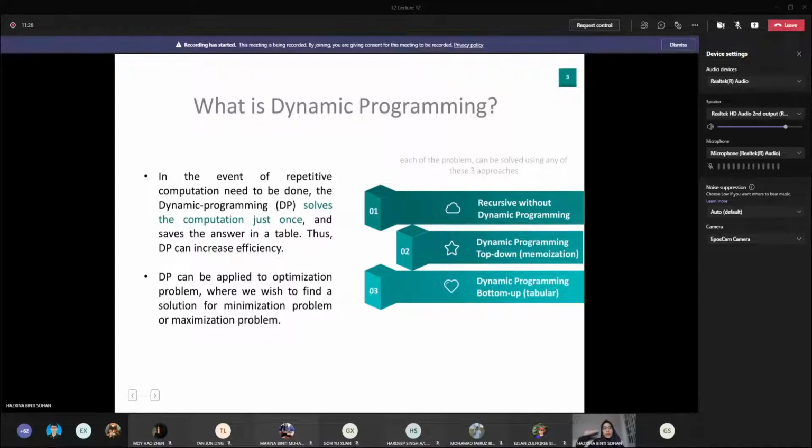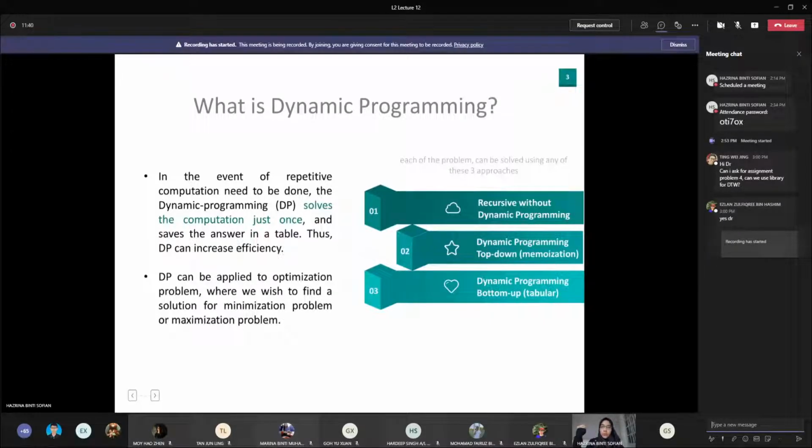We are learning these three different strategies because when we resolve the rod cutting problem using recursion without dynamic programming, and then memoization, we can see that dynamic programming reduces a lot of line code execution.